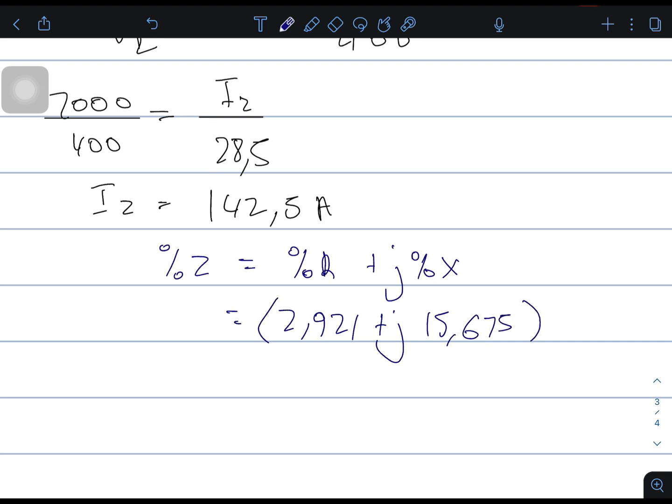Then that is in percentage form. We have expressed impedance in percentage form.